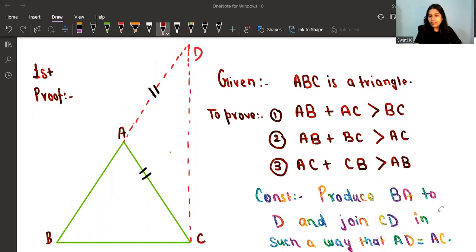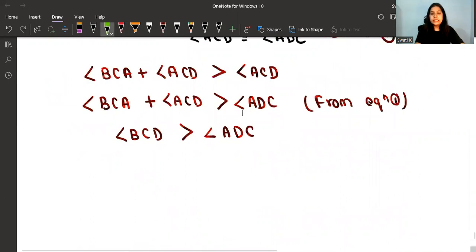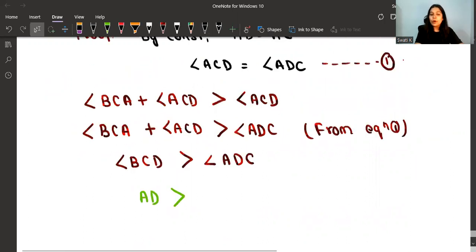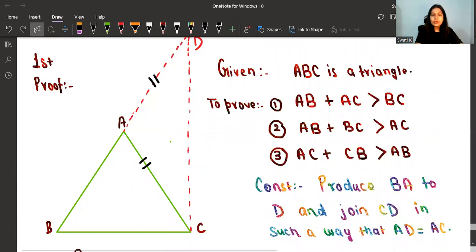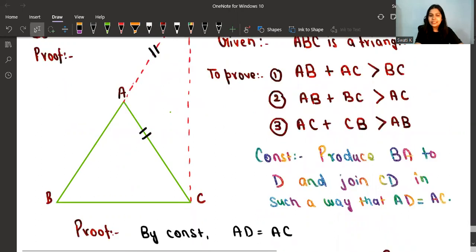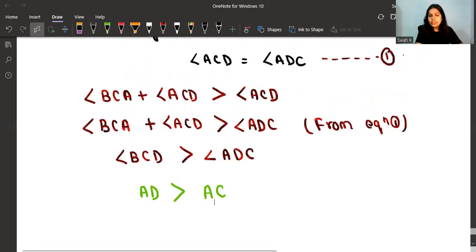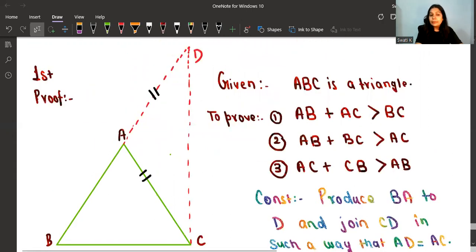And then of course we have another angle also, angle ADC. So BD is going to be greater than the side opposite to angle ADC. Now you can notice one thing here, that we can write down this BD as AB plus AD.